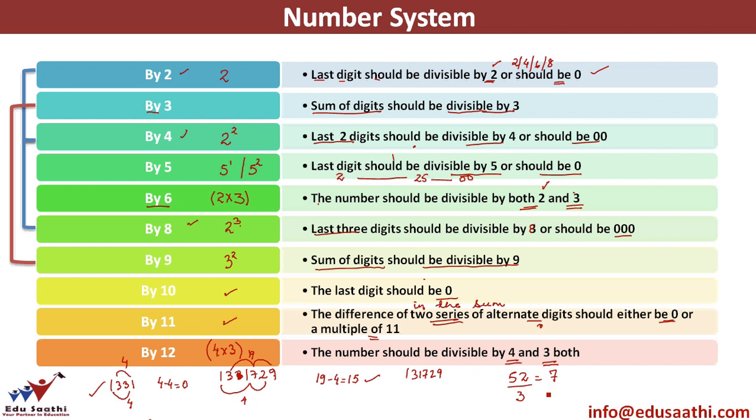Since 7 is not divisible by 3, 52 is not divisible by 3. Whatever remainder 7 gives with 3 will be the same remainder that 52 would give with 3. So 7 divided by 3 gives a remainder of 1, and 52 divided by 3 would also give a remainder of 1. So divisibility rules also help us in finding out the remainders.